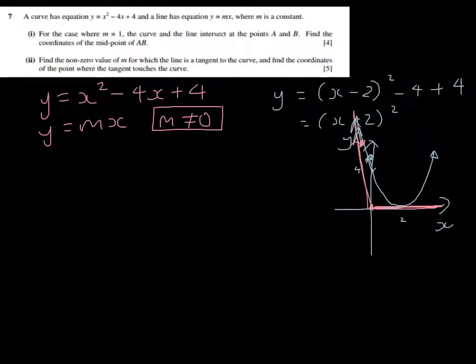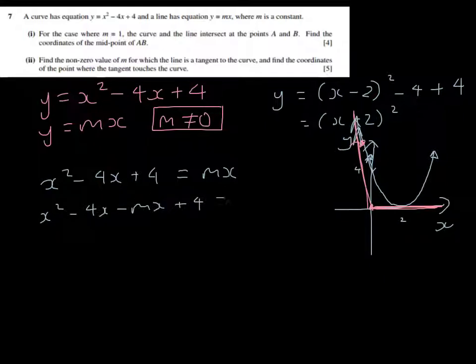So how do we find the point of intersection between a tangent and a curve? Normally we would equate the equations to each other: x squared minus 4x plus 4 equals mx. Then we would rearrange and solve. So we'd get x squared minus 4x minus mx plus 4 equals 0.